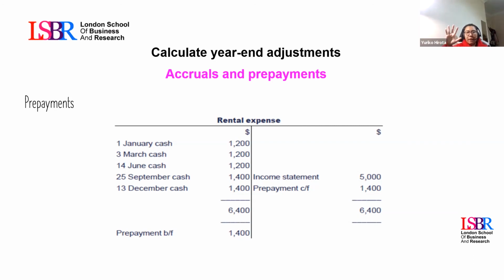So we are going to have a prepayment of 6,400, but we are going to affect the financial statements per month. It doesn't mean that we are not recognizing the prepayment, because we are going to have a section called prepayments.